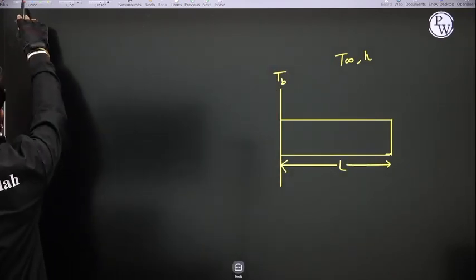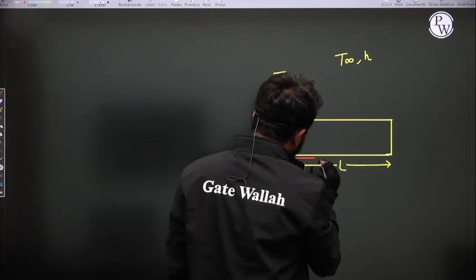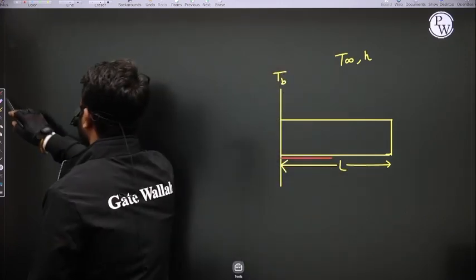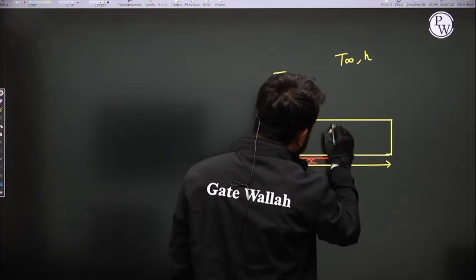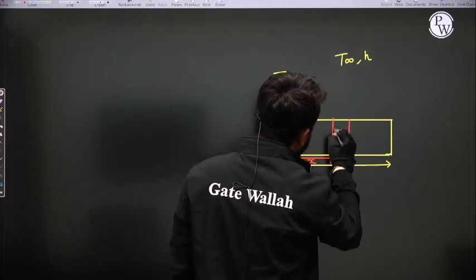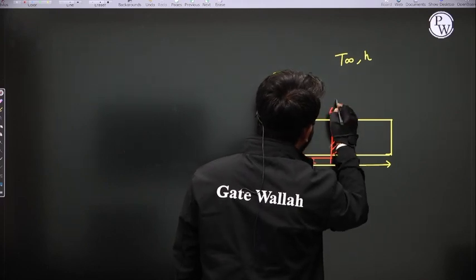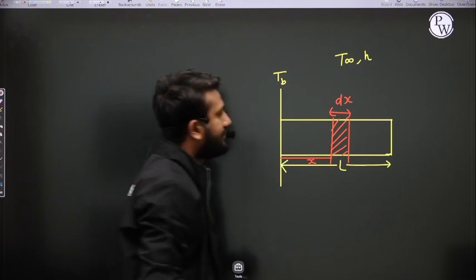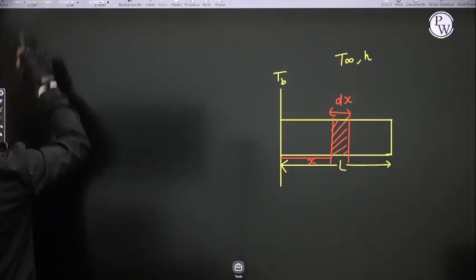At a distance x, I am considering a small element. This is the small element, and its thickness is dx.